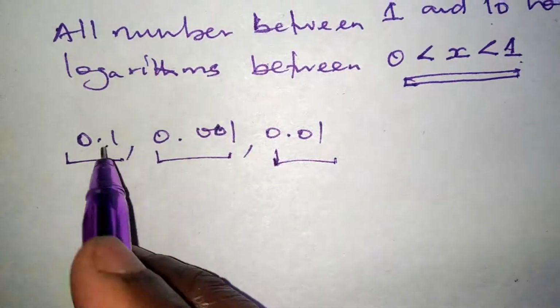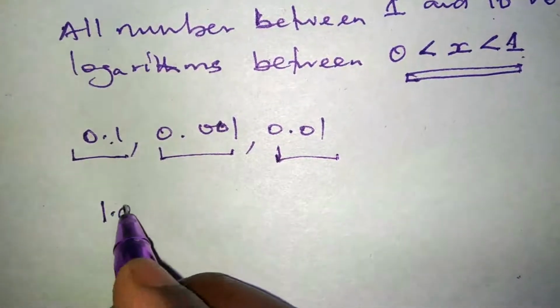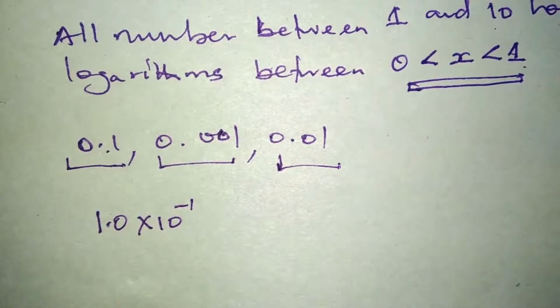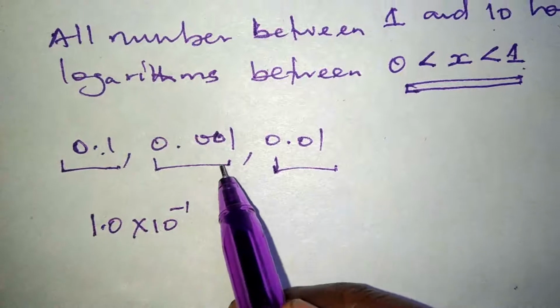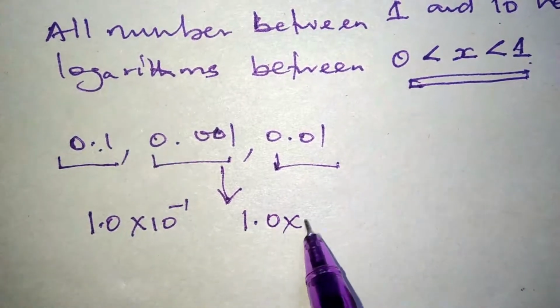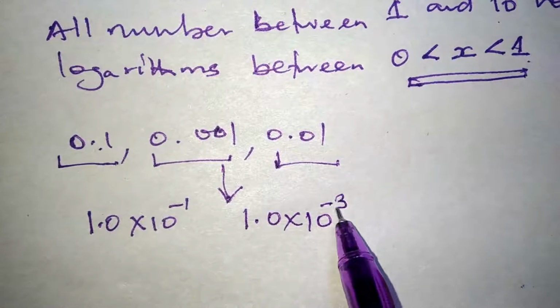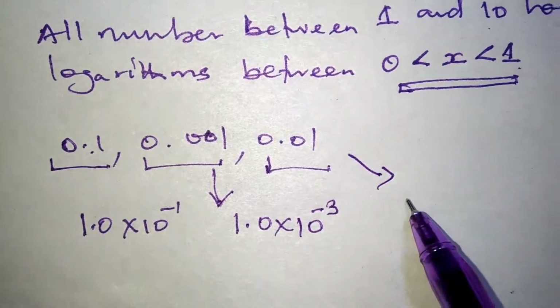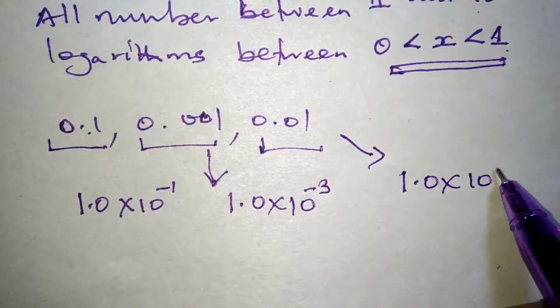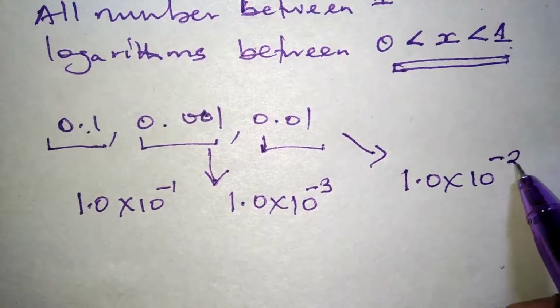Now, writing this to standard form gives us 1.0 times 10 raised to negative 1. Again, this other one is 1.0 times 10 raised to negative 3, and this other one here is 1.0 times 10 raised to negative 2.